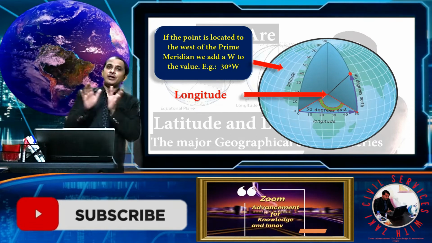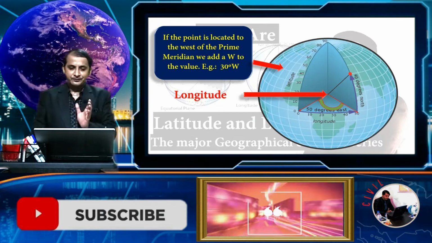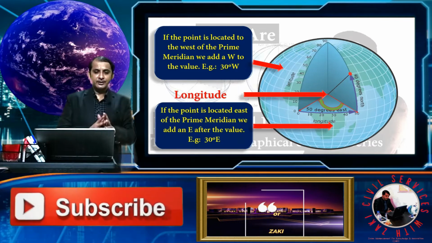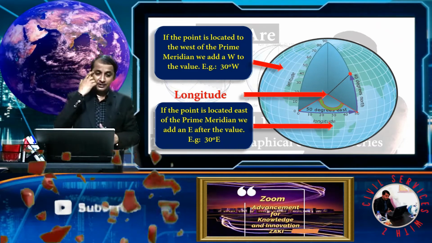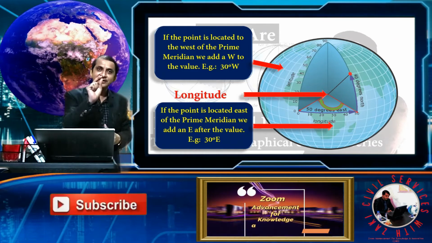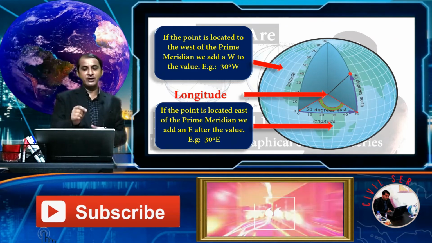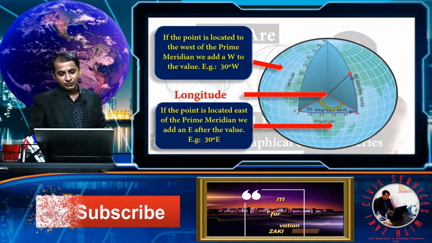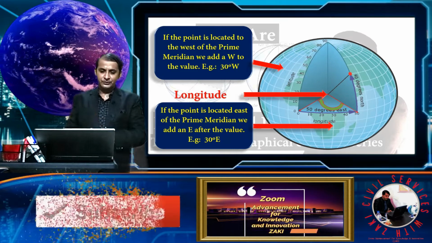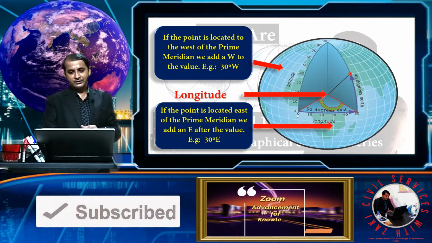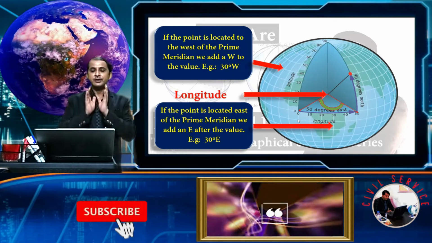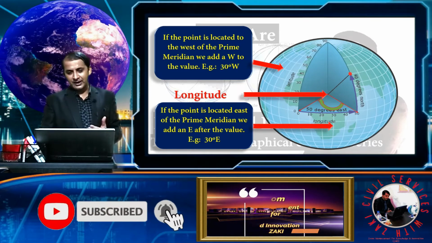Further, if you go to the east, and the point is located east of the prime meridian, we add an E after the value. Example, here you see 30 degree E. So here is 30 degree east. So that's all.